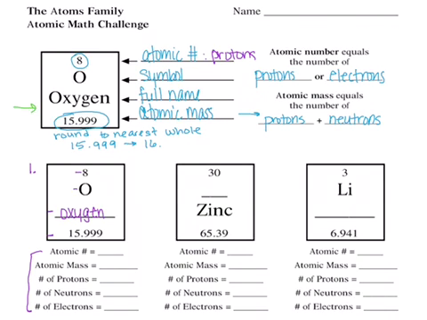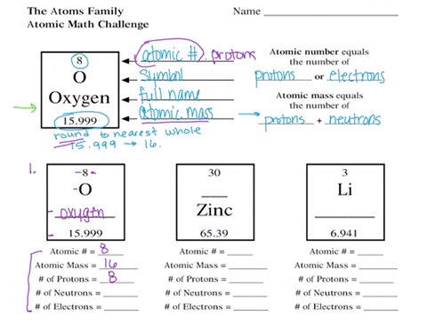The atomic number is that whole number, so we can write 8. The atomic mass is the decimal, but remember, you have to round that, so that becomes 16. The number of protons is equal to your atomic number, which is 8.